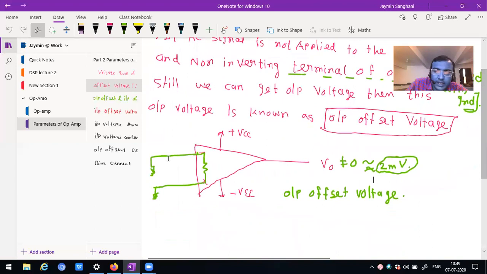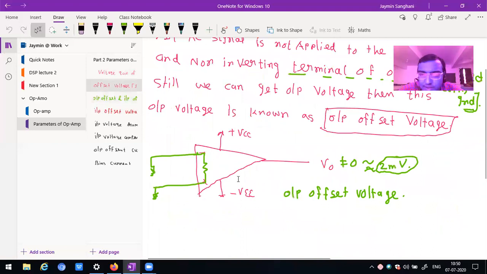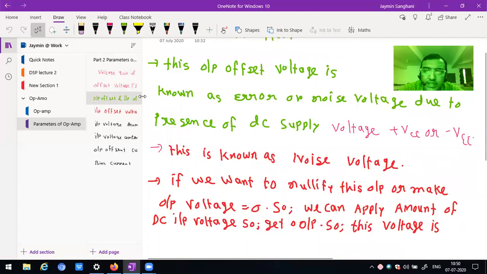Here, with the terminals grounded, we still get an output voltage of about 2 millivolt. This is known as the error or noise voltage, due to the presence of the DC supply. Due to the presence of plus VCC and minus VEE, we get this type of voltage, which is known as the output offset voltage, or noise voltage.